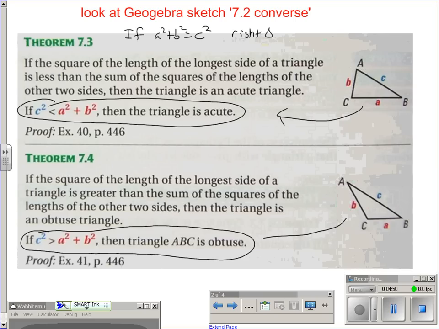If that third side, the longest side squared, is less than the sum of the other two sides squared, then what you're looking at is an acute triangle. And down at the bottom, if that longest side squared is more than the sum of the other two sides squared, you're looking at an obtuse triangle. So we have these three equations that are going to tell us whether I'm dealing with a right triangle, an acute triangle, or an obtuse triangle.